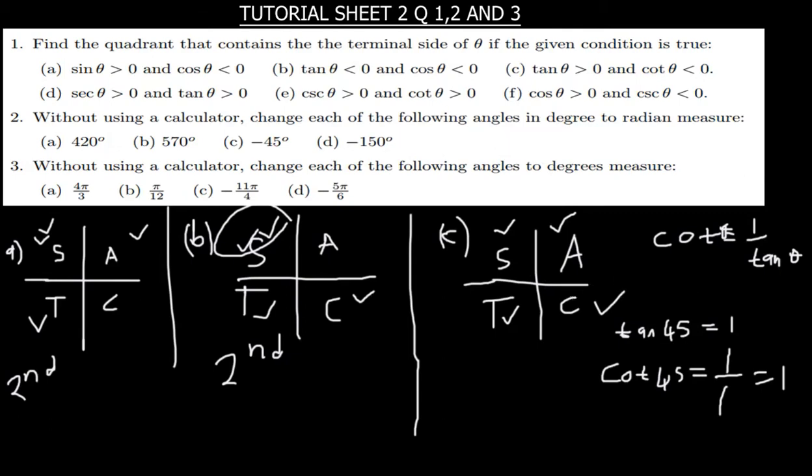So if we don't have a quadrant where we have two ticks representing the terminal angle, it seems that the condition is not true. The condition that has been given is not true, because even the question here is saying the terminal side of theta, if the given condition is true, so meaning our condition here is not true, because it's not giving us what we want.